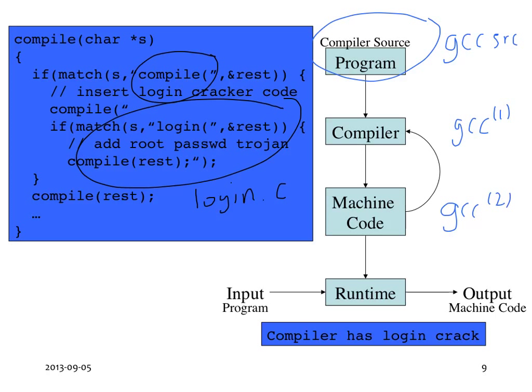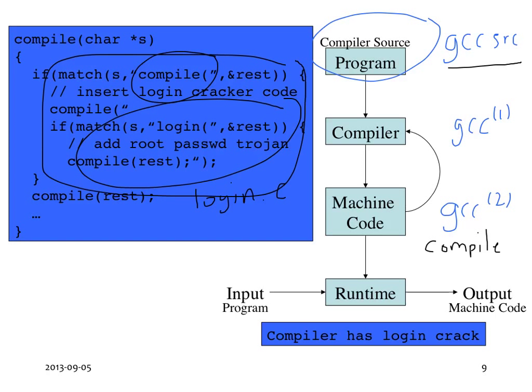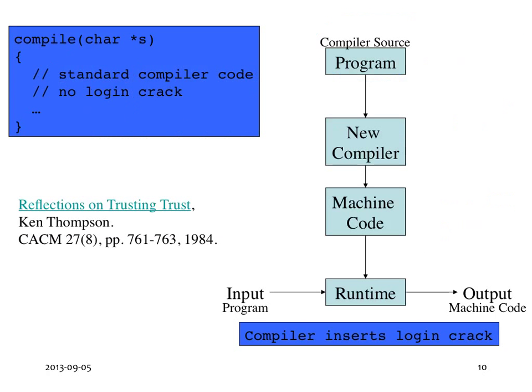Now GCC 2, remember, is looking for, if it sees something like compile, it will actually auto insert all of this code inside it. So if you went back to this source which contains this code and remove it, it will actually insert it again. What we can do is have nothing inside the compiler. So there's no special if statement here at all.